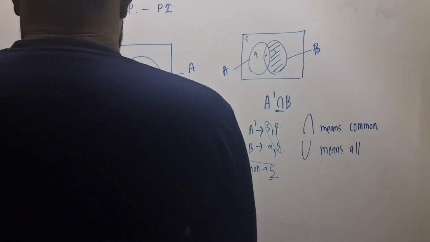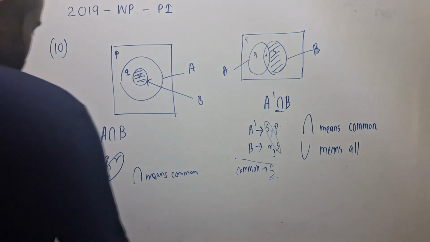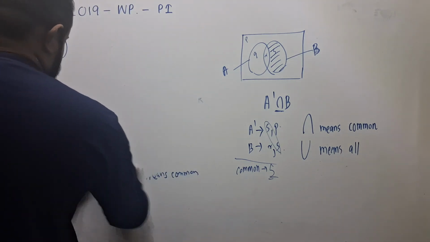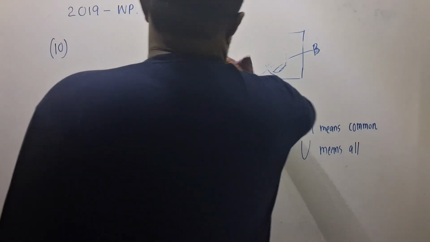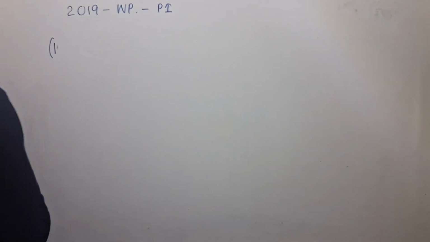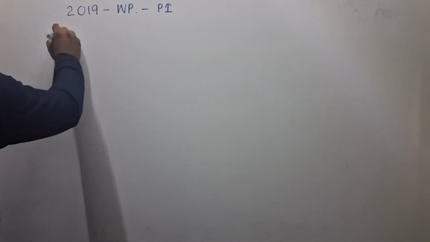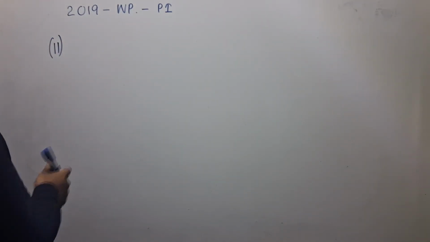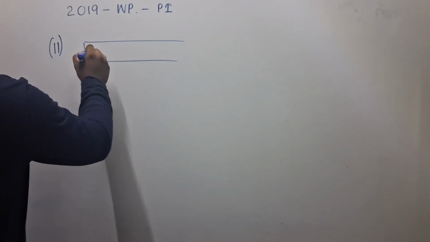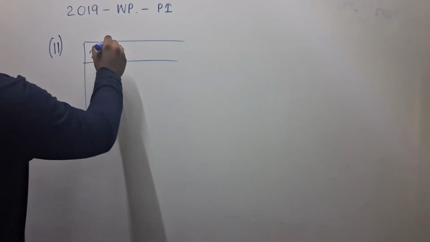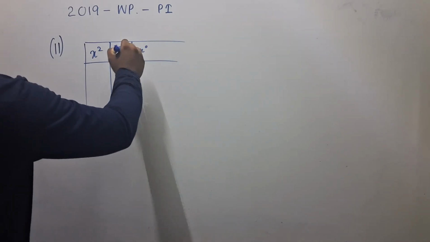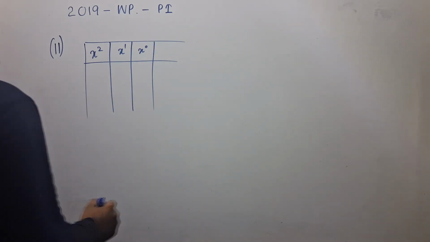Factorize 20 plus x minus x squared. For these quadratic factorizations, you have to remember a table. There is a table to do this, with the x squared term, the x term, and the x to the power 0 term, that means the normal number.